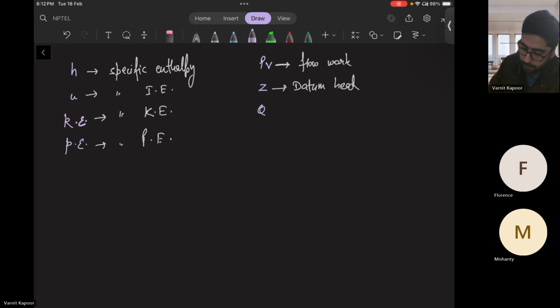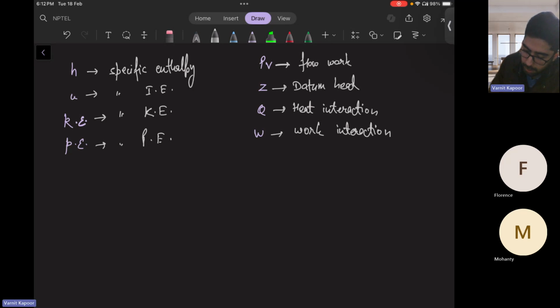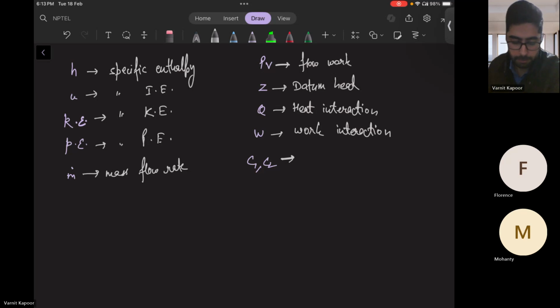Then Q is your heat interaction in the system, and W is your work interaction. m dot is your mass flow rate, and C1, C2 are your velocities into and out from the system.